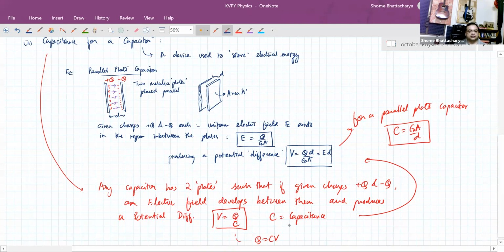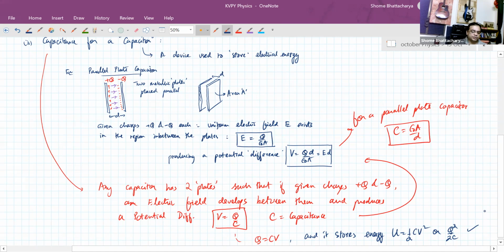And additionally, it stores energy equal to half CV square or Q square by 2C. So this is the amount of energy that a capacitor stores.